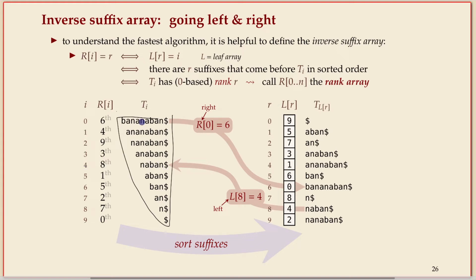And similarly, if you want to know how many strings are smaller in lexicographic order than the entire text, you would look at R of 0 and find, okay, it goes to position 6 on the right, so there are 6 things that are smaller. Fine so far? I spent so much time on this slide because I want you to memorize these two things. So leaf and rank array, they're inverses of each other. The important bit is to remember which one's which.